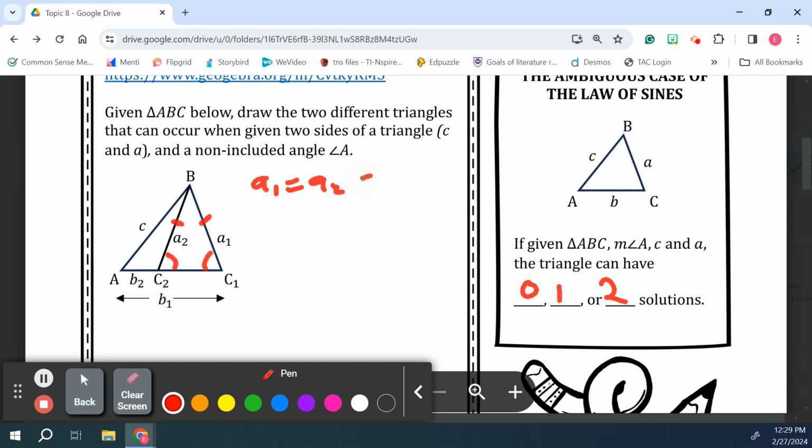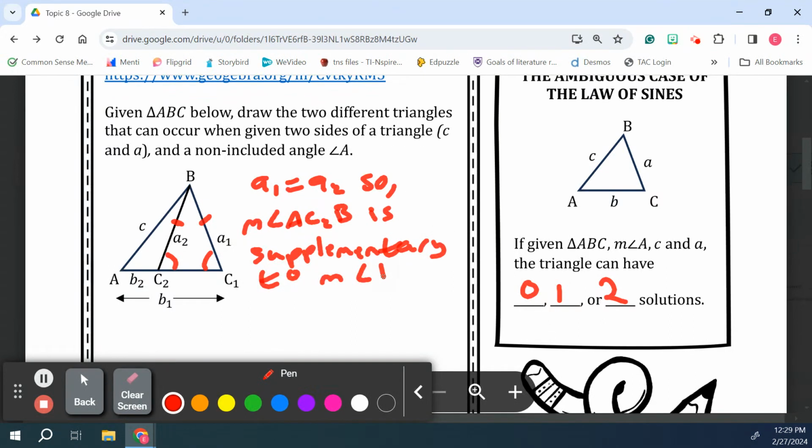But because of that, that also means that the measure of angle AC2B is supplementary to the measure of angle BC1A.